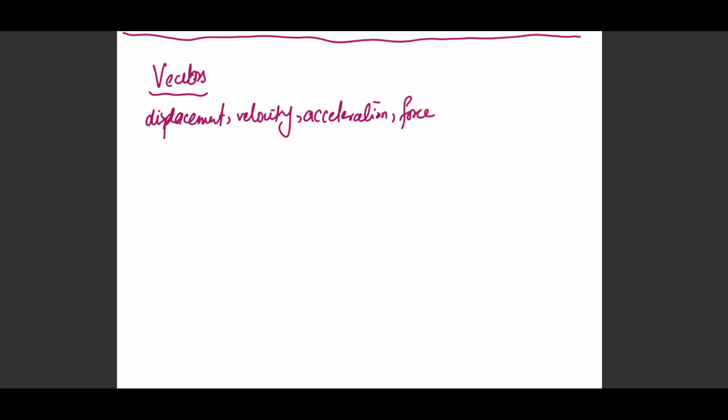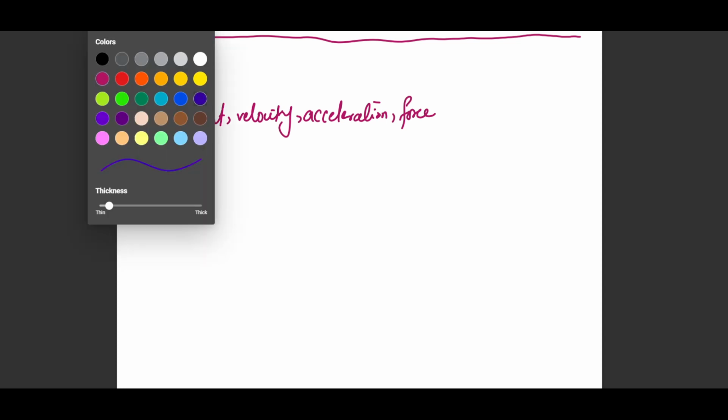If you can get good at visualization, then the question does not pose any problem to the student who's trying to solve it. So in particular, we will be looking at all types of vectors, ranging from displacement, to velocity as opposed to speed in scalars, to acceleration, to force.